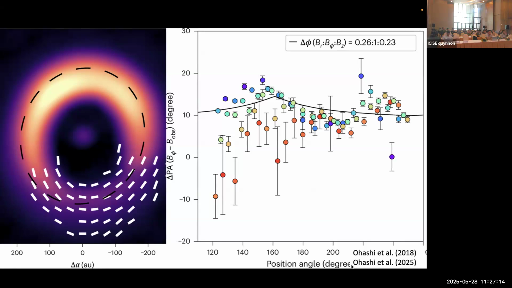So first of all, you can see they have a 10-degree systematic shift from zero, which means that the B field is not completely in the azimuthal pattern, but has a 10-degree twist to the toroidal configuration. But they go even further, and they identify that the position angle difference goes up and down, and there's a transition point over here.